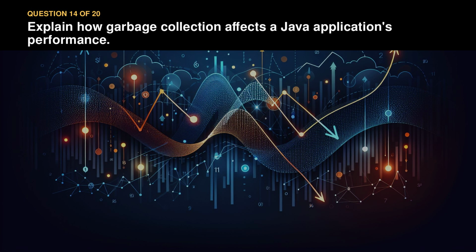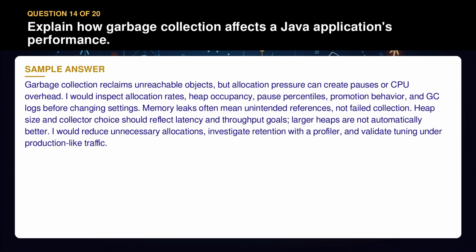Question 14. Explain how garbage collection affects a Java application's performance. Garbage collection reclaims unreachable objects, but allocation pressure can create pauses or CPU overhead. I would inspect allocation rates, heap occupancy, pause percentiles, promotion behavior, and GC logs before changing settings.